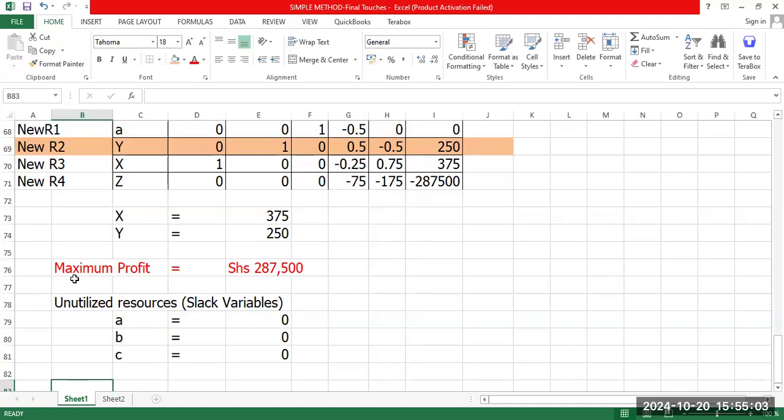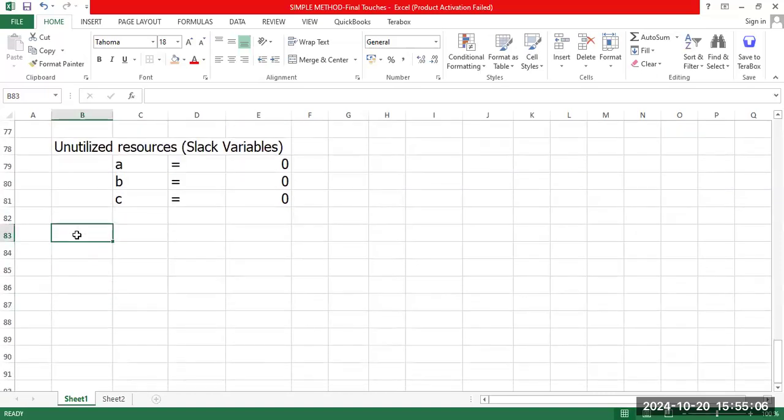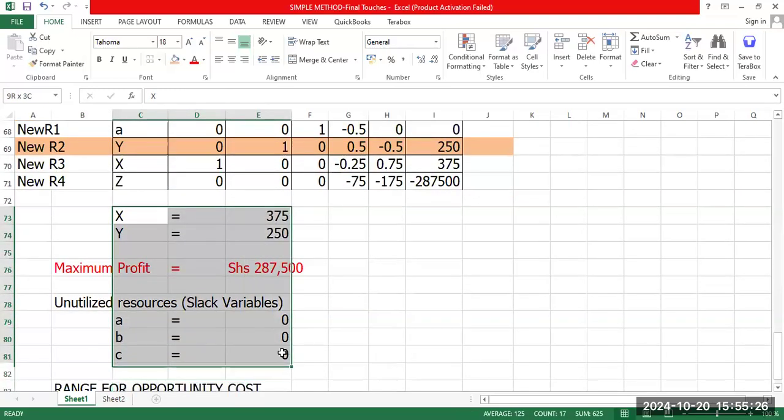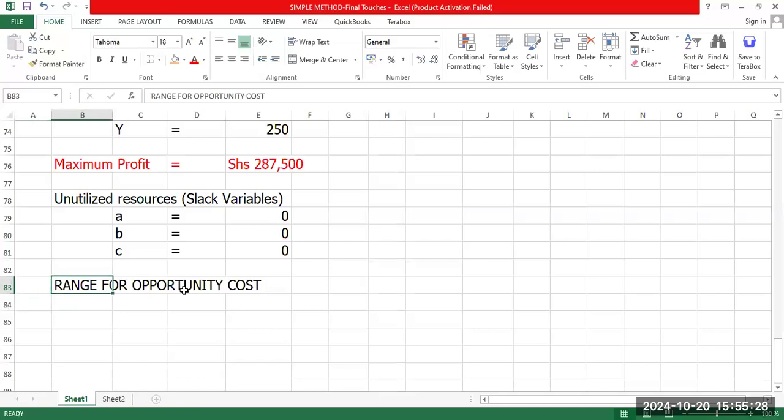Okay, but the question is, can you get range? This is not your focus. Can you get range for opportunity cost? The question was not saying you get all this or no. The question was saying, can you actually get range for opportunity cost, but in line with direct wages.